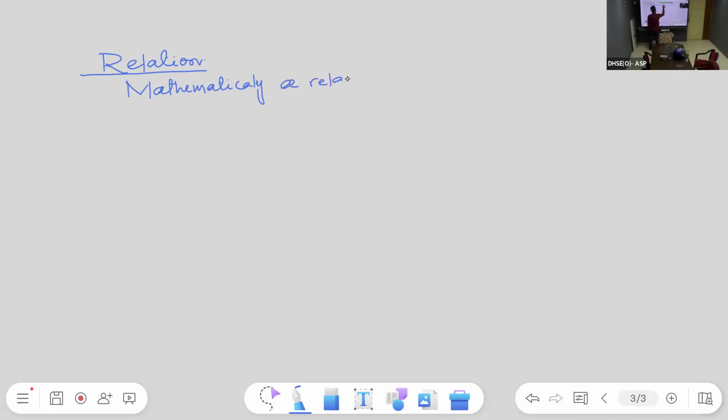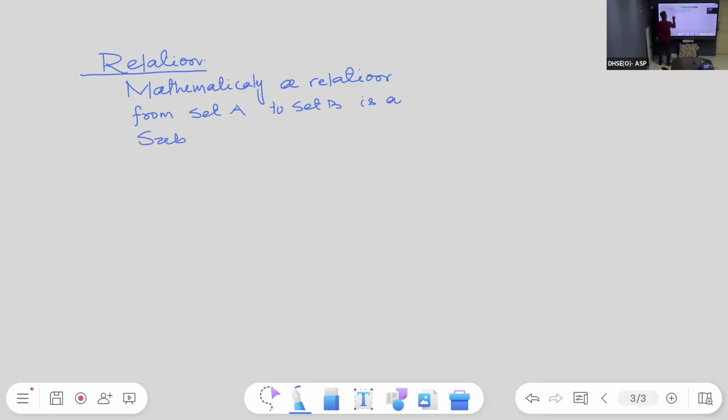Write down mathematically: a relation from set A to set B is a subset of A cross B. Mathematically, a relation from set A to set B is a subset of A cross B.